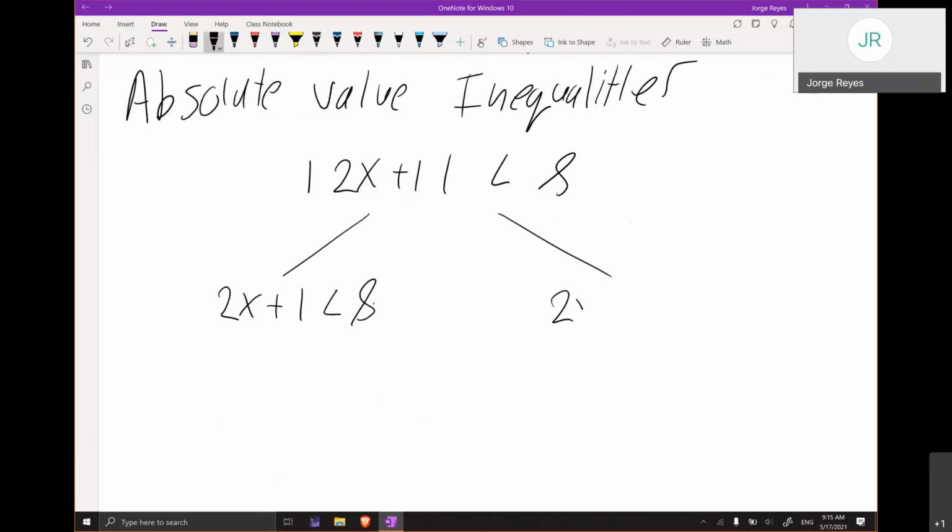For the second case, I told you to put a minus sign on the right-hand side. And now, okay, you also flip the inequality. So that's 2 things you have to do. You have to put a minus sign and flip the inequality.